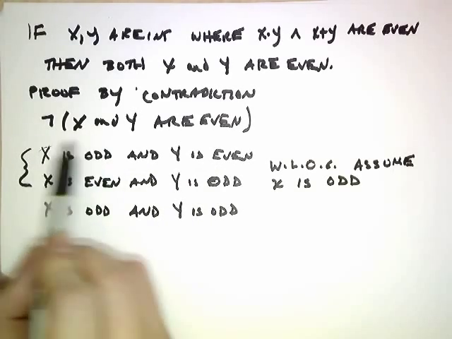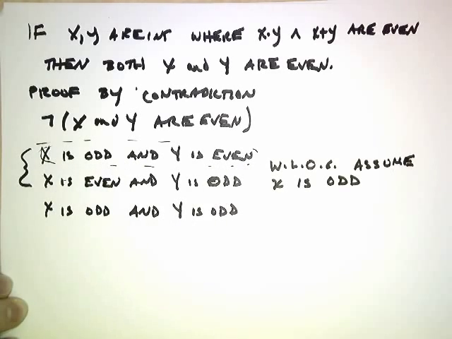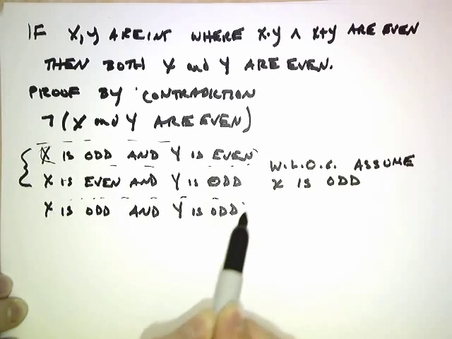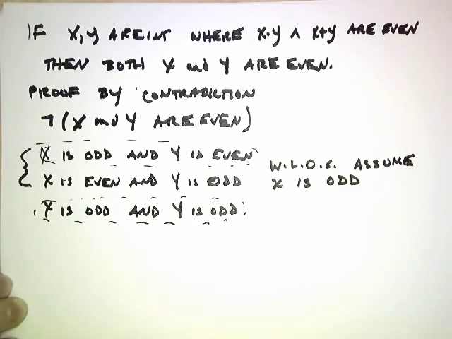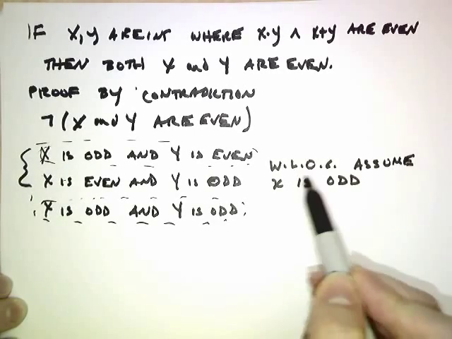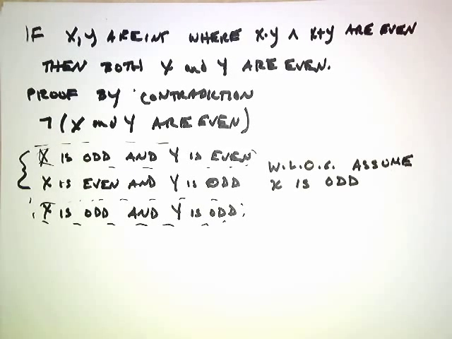So I'm just going to do this one. You can see they're sort of symmetric cases. And then that'll leave us with this case here to take care of. But you'll see that in both of these cases x is odd. So without loss of generality, let's assume that x is odd.